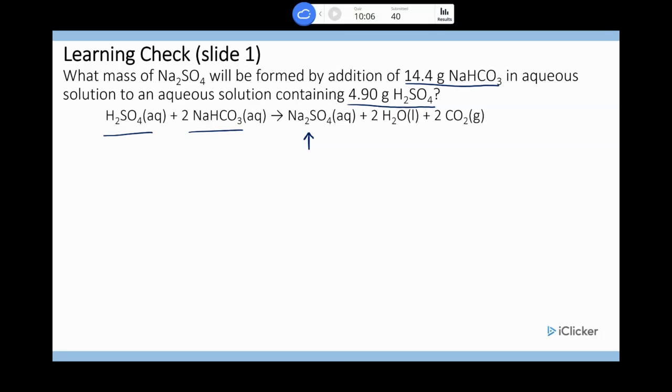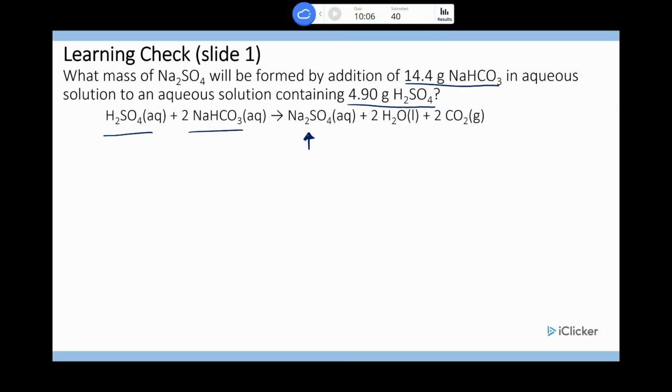One of these reactants will be in excess, one will be limiting. So the first step is to determine which of these is the limiting reactant. Since you're going to be calculating the mass of this product, sodium sulfate, the method that we've been using to determine which one's limiting is calculating moles of product produced. You might as well use the moles, see how many moles of sodium sulfate you produce with each amount of starting material.